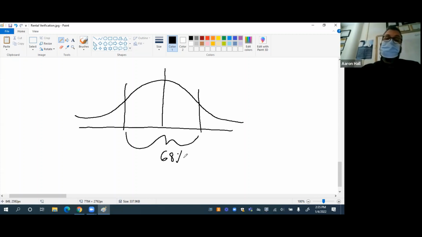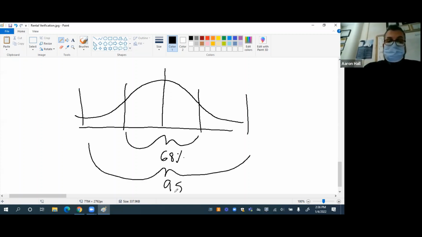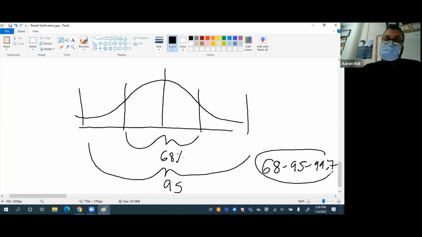And if we measure out this same distance again for two standard deviations, above and below would represent how much? 95. And then three standard deviations. What's the empirical rule? 68, 95, 99.7.